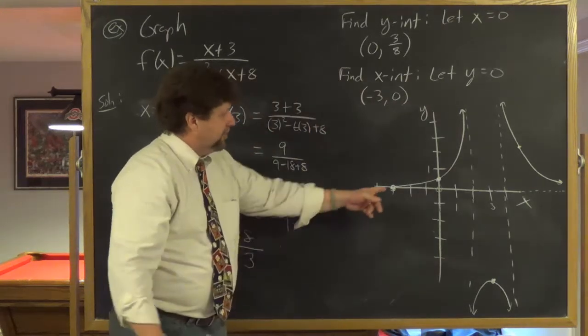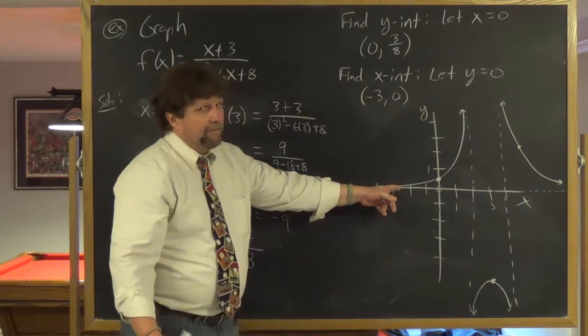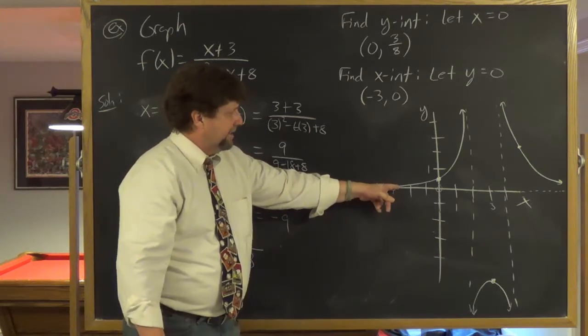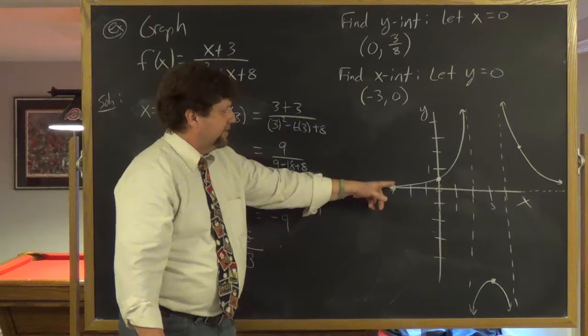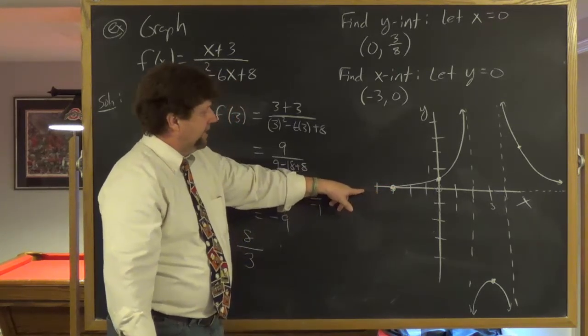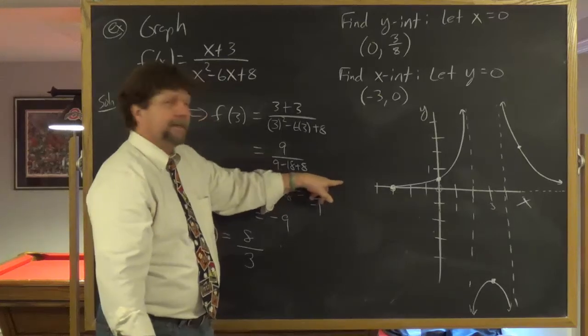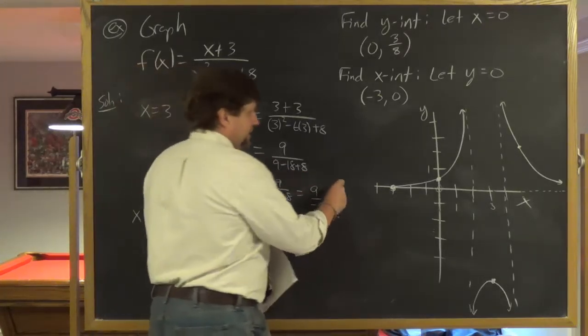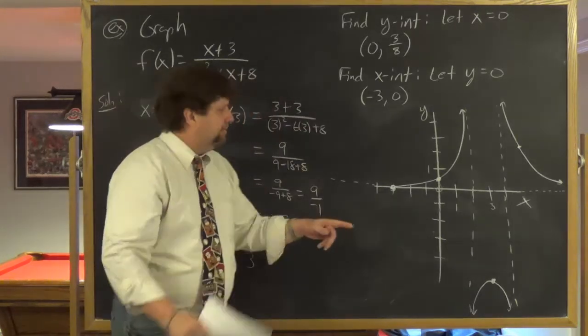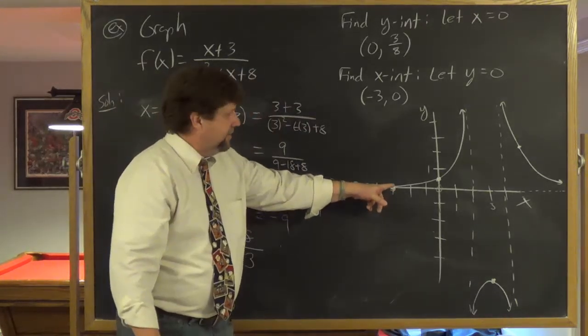The only thing I'm unsure of is at this x-intercept: it comes through the x-intercept, goes below the x-axis a little bit, then comes back up and hugs the x-axis. I'm pretty sure it's going to do that.